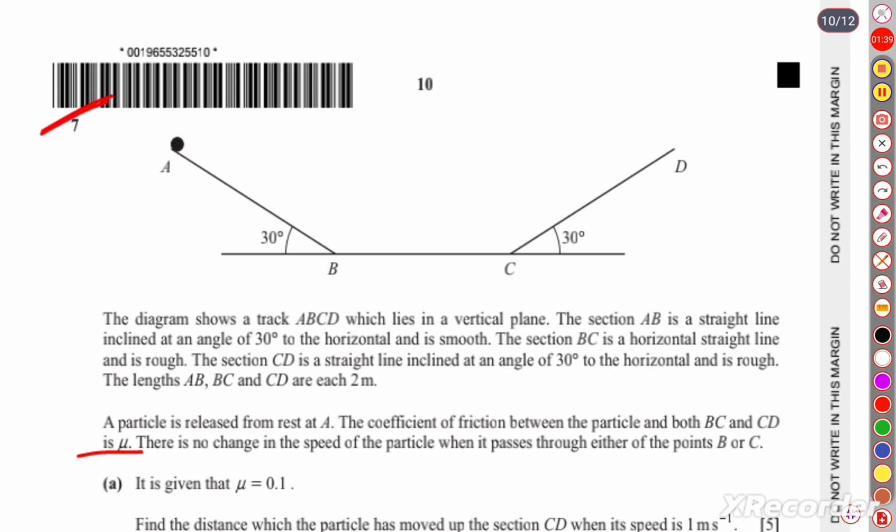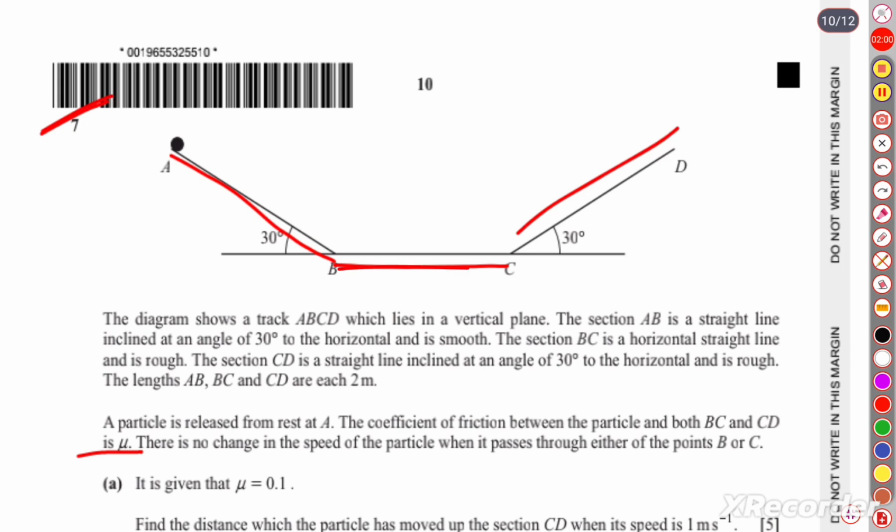Here from the statement we have come to know that there are three surfaces. First surface is AB, second one is BC, third one is CD. Among these three surfaces, surface AB is smooth.